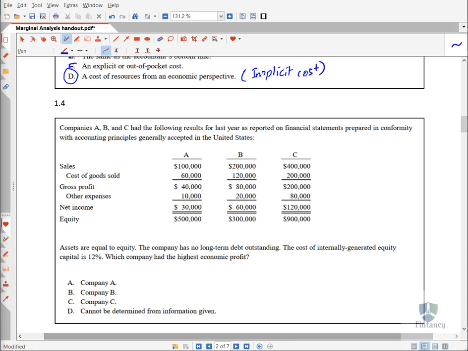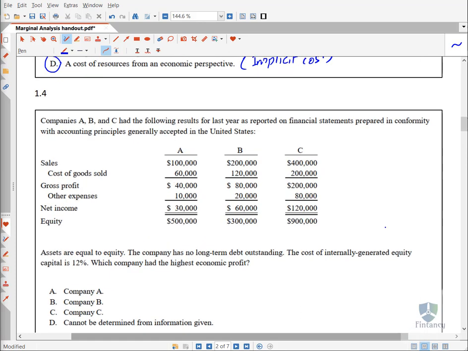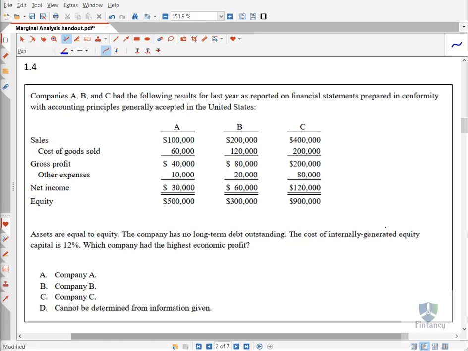Can you please read 1.4? Hi, Sherry, can you hear me? Yes, I can hear you. Actually, I cannot read because it's a bit small. Okay, I will zoom in. Now it's fine? Yes, sir.